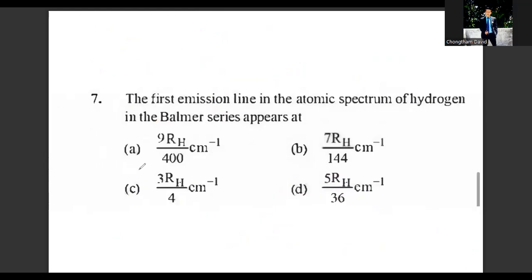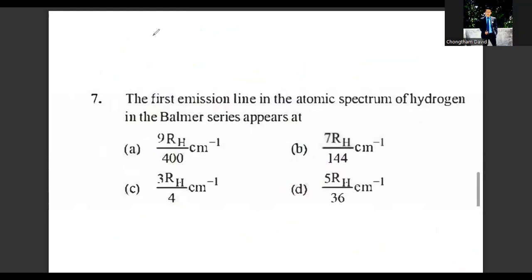Question number 7. The first emission line in the atomic spectrum of hydrogen in the Balmer series appears at. So for the Balmer series, the sequence was Lyman, Balmer, Paschen, Brackett, Pfund, and Humphreys in the far infrared. So Balmer falls in the visible region.